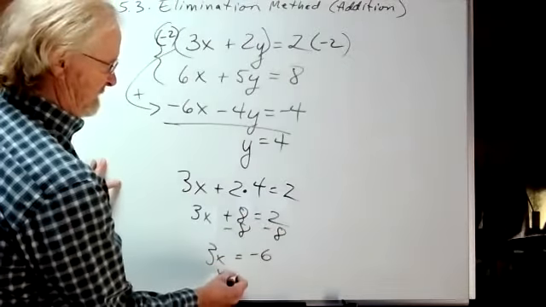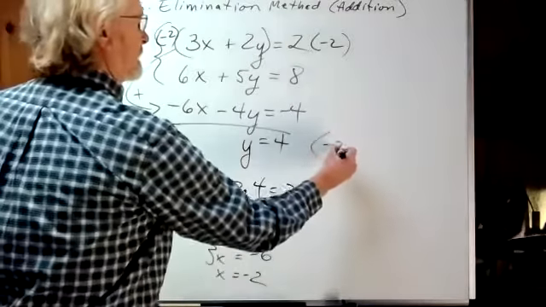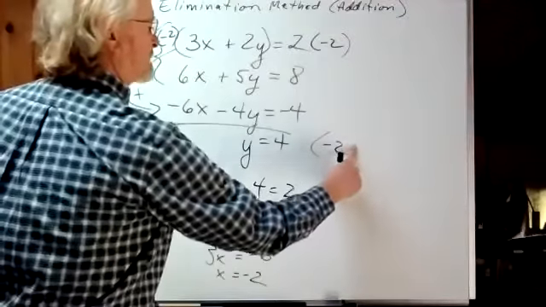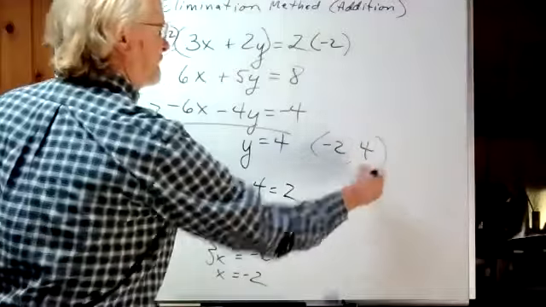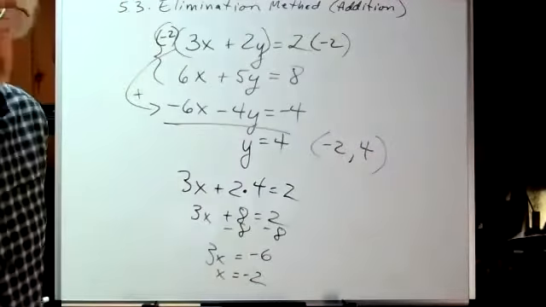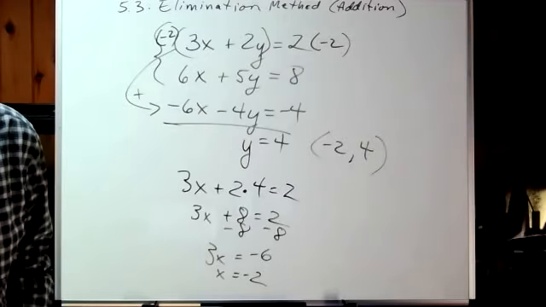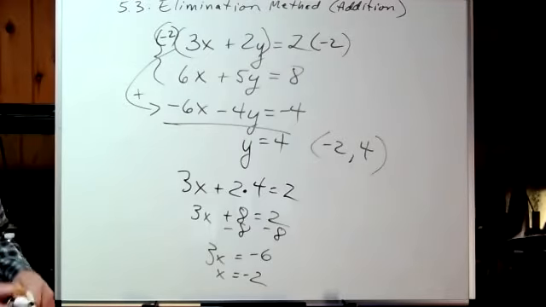Divide by 3. X is a negative 2. And the y, whoops, y was a 4. All right, that's nice. Good enough.